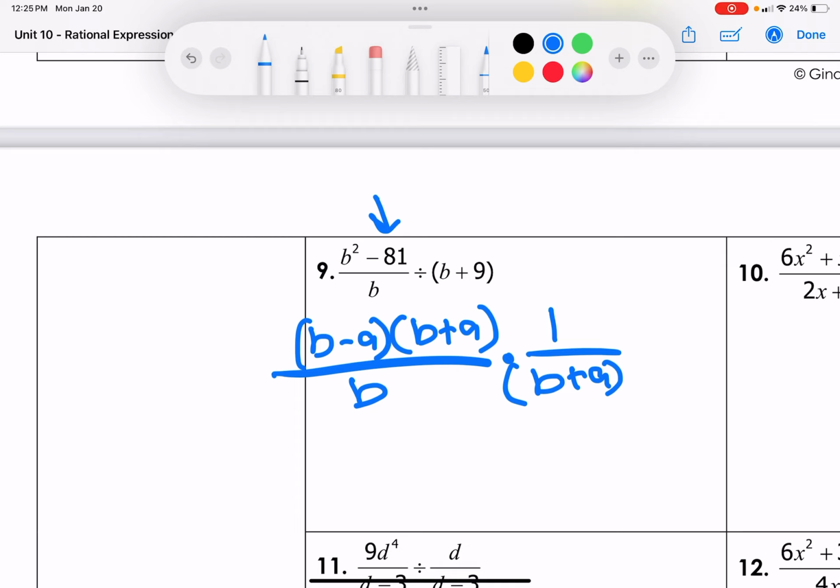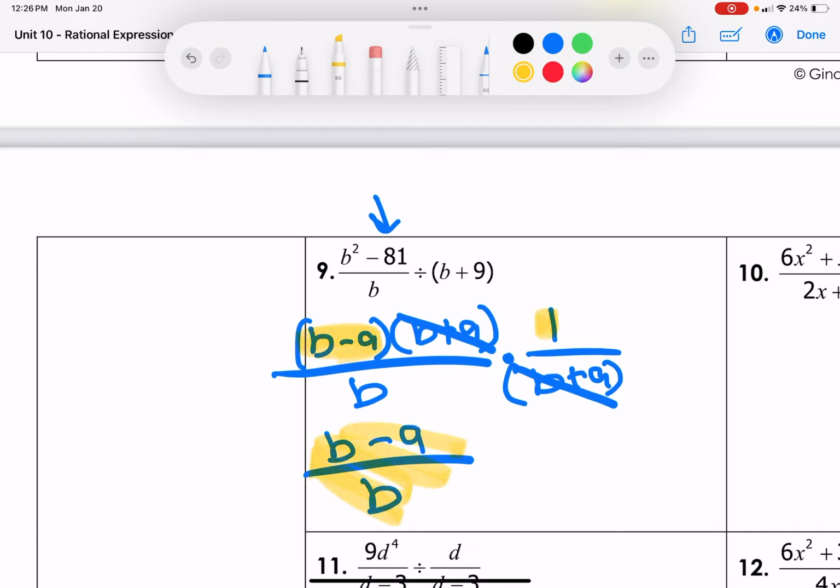At this point, we could simplify. So the b plus 9s cancel out, and I'm left with b minus 9 over b, and that's my final answer. Because b minus 9 times 1 is just b minus 9.